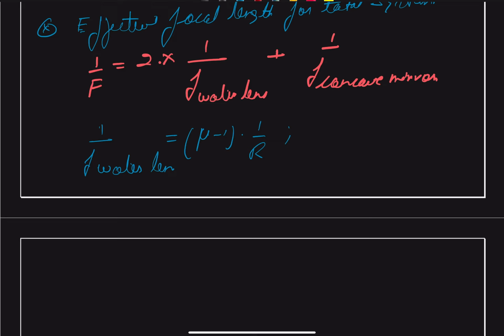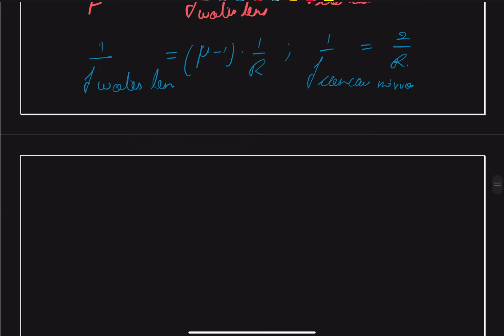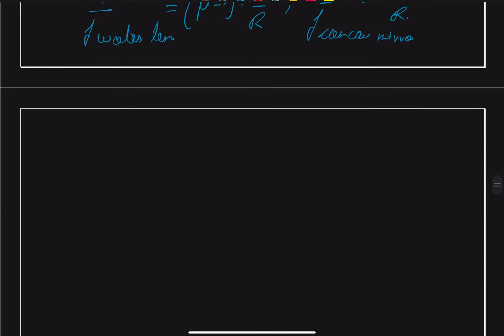And for the concave mirror you can write 1 upon f will be equal to 2 upon r. So we just put the values, we get 1 upon F is equal to twice mu minus 1 upon r plus 2 upon r.